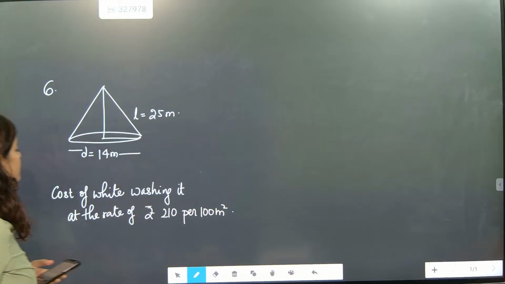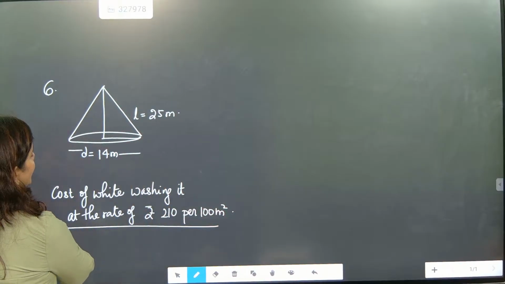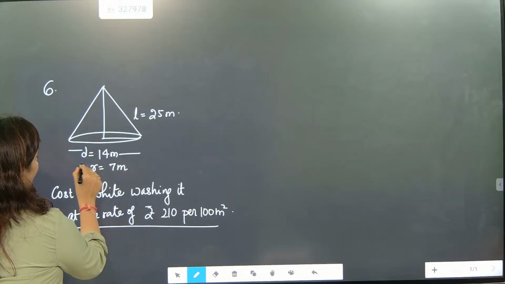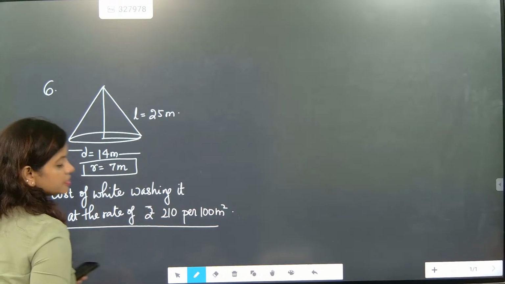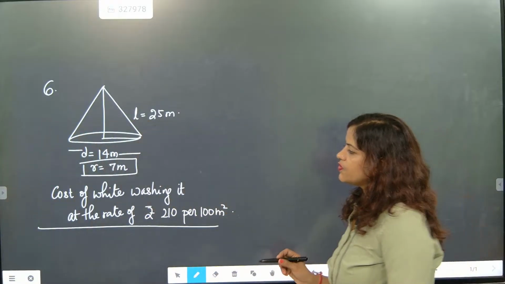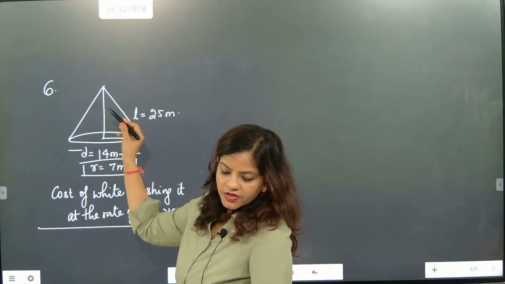Okay, so now we are going to start the next part. So first work: diameter given is 14. So what will become the radius? Radius is coming as 7 meter. Now first we have to find the cost of whitewashing it. They will whitewash the curved surface area only.